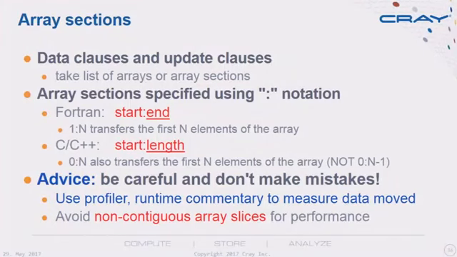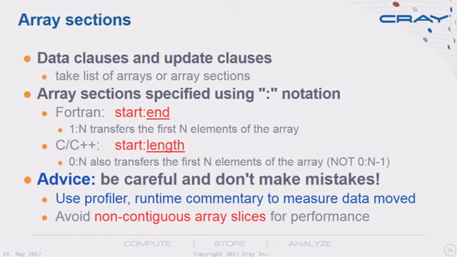Our advice is, if you just port some parts of your arrays, you should be careful about doing that and not making mistakes. You should also use the tool I will show you in an hour, the profiler and runtime commentary, to really verify that the compiler is transferring the data you really want.